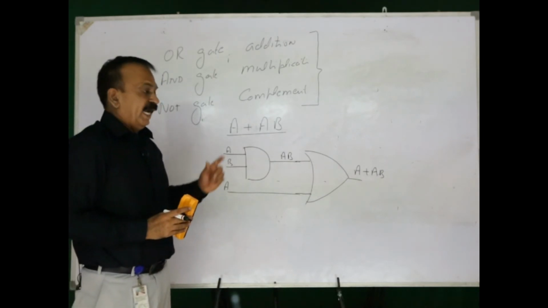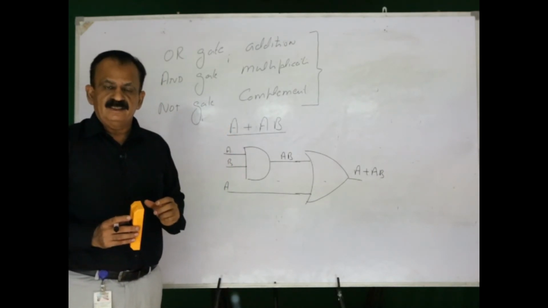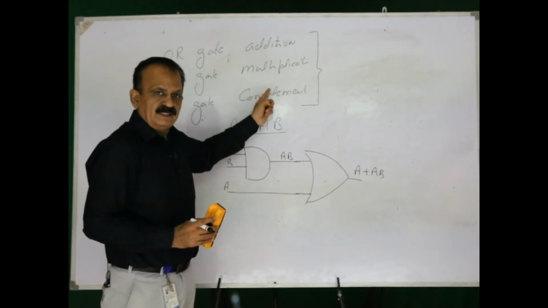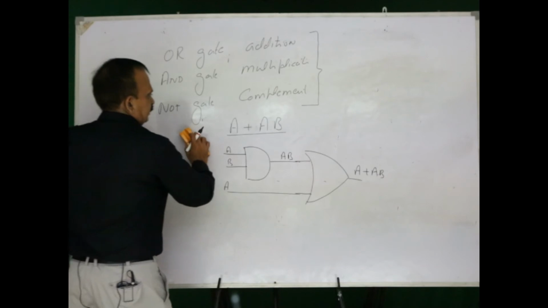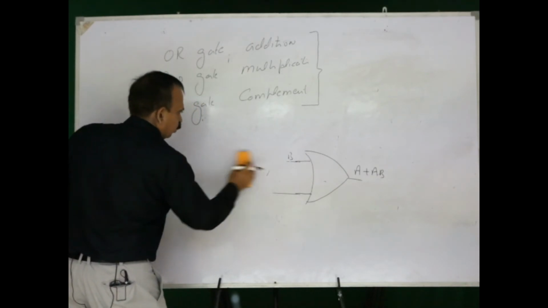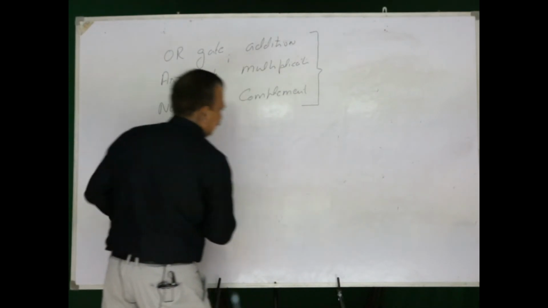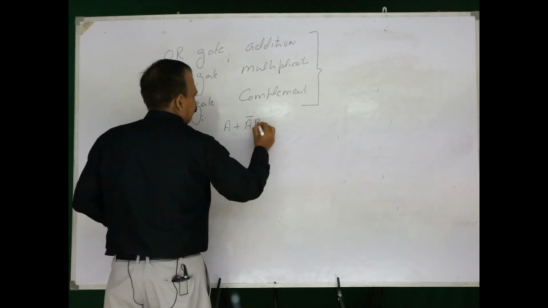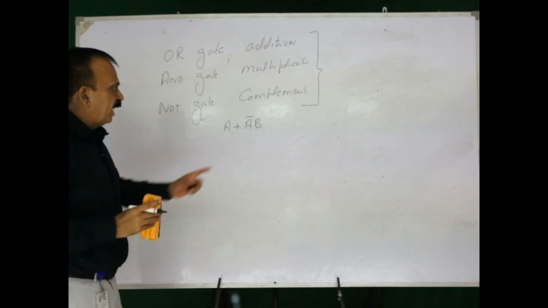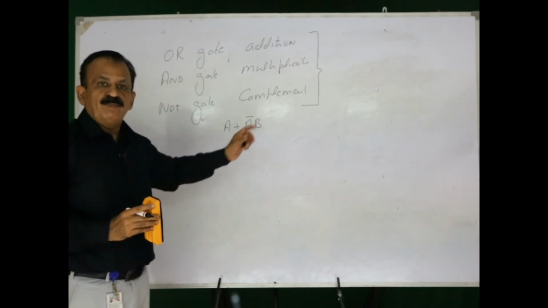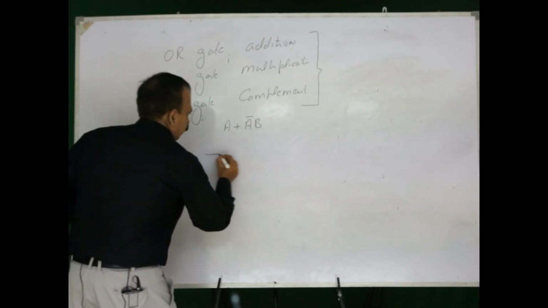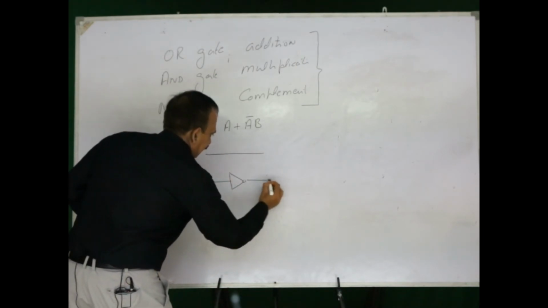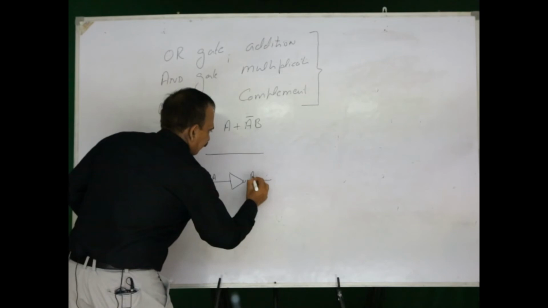This is how the circuits are implemented, and basic building block indicates there will be only 3 operations, that is addition, multiplication and complement. Say I want to draw one more circuit and that circuit is for A plus A bar B. Now A bar, bar indicates the complement operation. This one is A, the another is A bar, and the output of the NOT gate will be A bar.